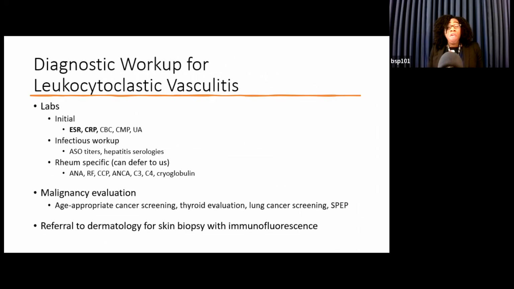And then, of course, for people who have extensive skin findings and appear to have a lot going on, it's important to consider dermatology evaluation to make sure we're not missing something else going on altogether. And the immunofluorescence can help us to make sure there's no immune complex mediated disease that could also be going on.